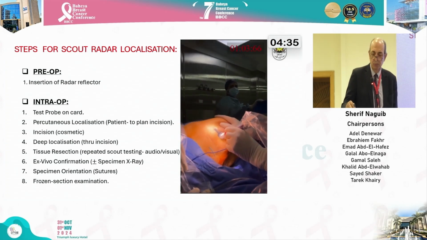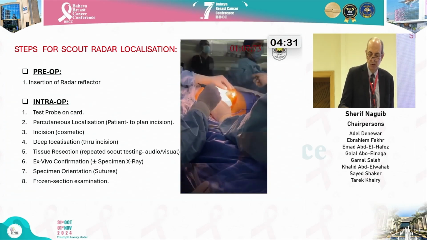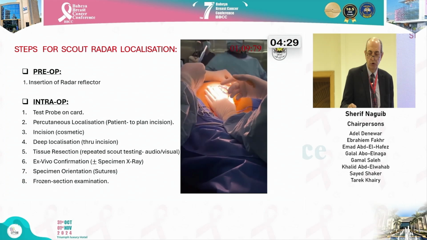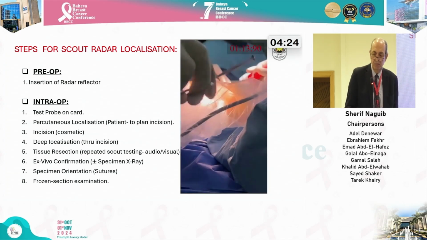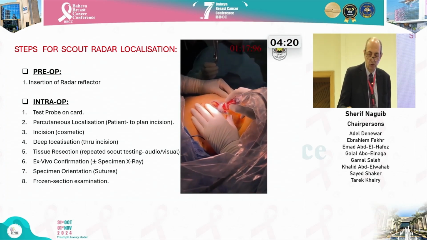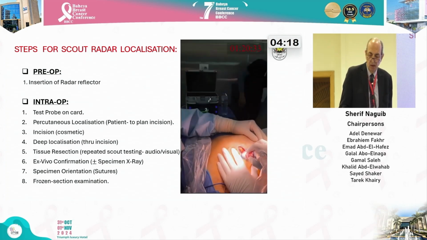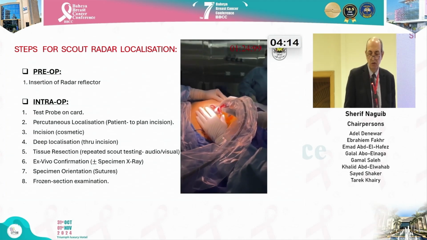Then you put it on the skin again, skin of the patient, to decide for your incision in the best cosmetic area. After incision, you can use the probe again, and you can turn around the lesion in all directions.